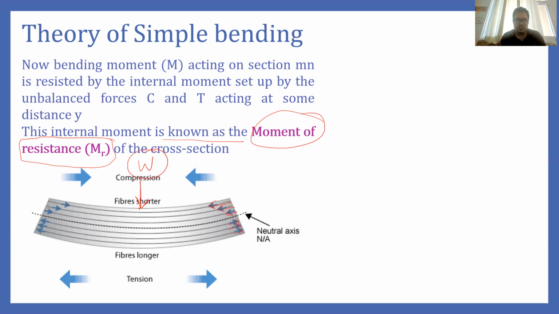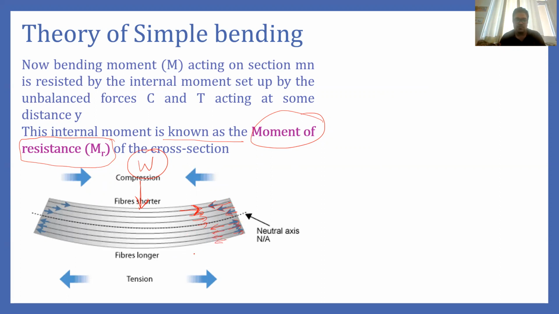When it is trying to compress, the beam internally will oppose this compression, and therefore it will offer the opposite reaction. As the compression is going inward, the beam will offer a reaction in the form of outward reaction. Similarly, tension is going outward, so against the tension the fibers will try to go inward.